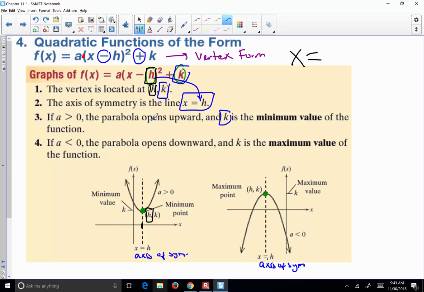If it's upside down, it can have a maximum only, and the maximum value is k, which is the y coordinate of the vertex, or again the number on the very end of the expression. Is everything clear?